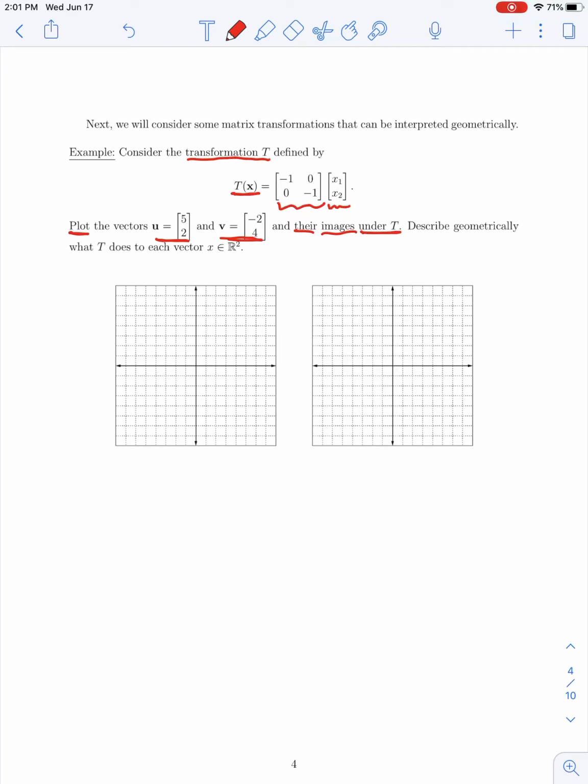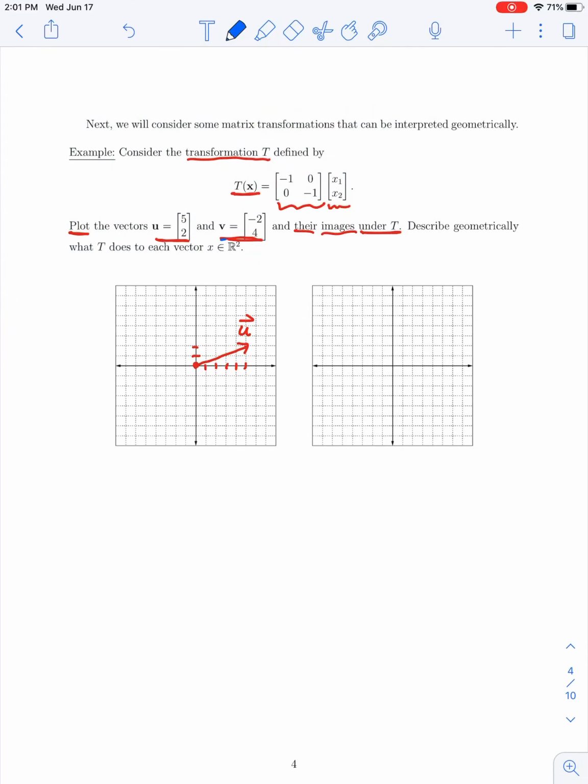Here, u was the vector 5, 2. So its position vector representation would have its initial point at the origin and its terminal point at 5, 2. So moving to the right 5 units and 2 units upward, we have the following representation of the vector u.